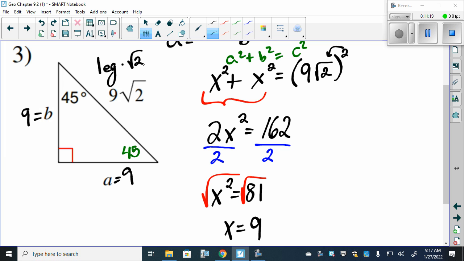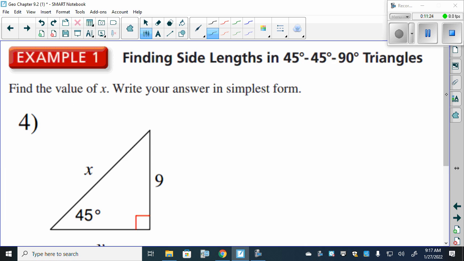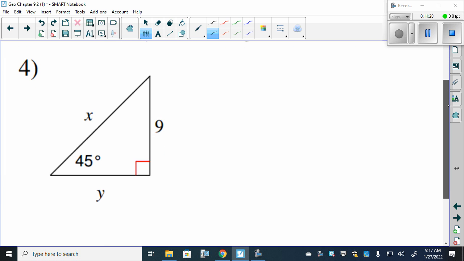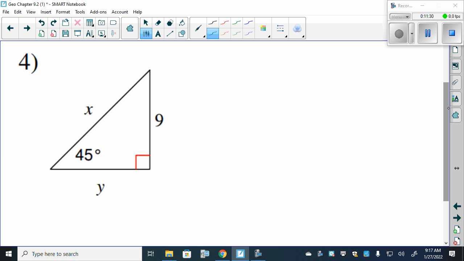Be ready for the next one. Let's see what the next one is. Well, here they told us one of the sides is 9. We know this other angle is 45. And we have y. So we need to find the value of x and the value of y.